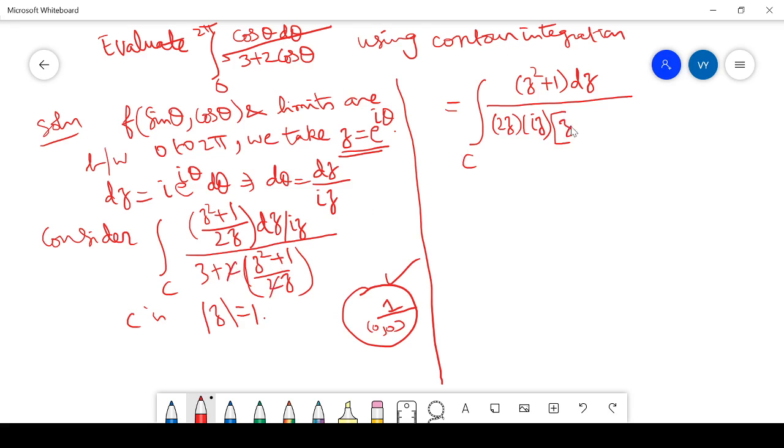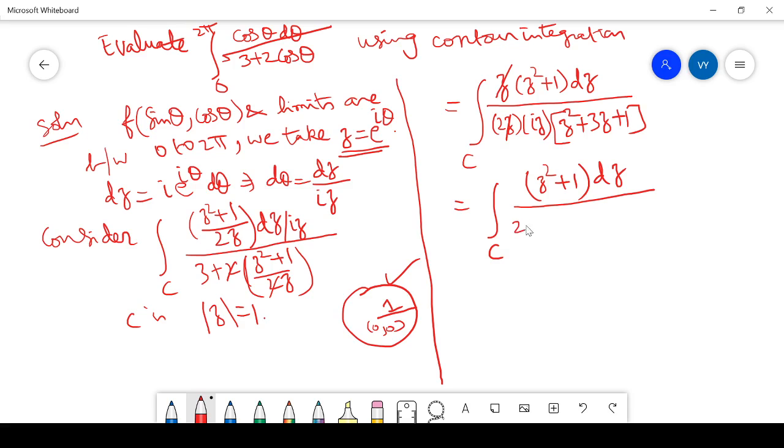I'll have z squared plus 3z plus 1, and one z gets cancelled. So the simplified integral will be z squared plus 1 dz divided by 2iz into z squared plus 3z plus 1.